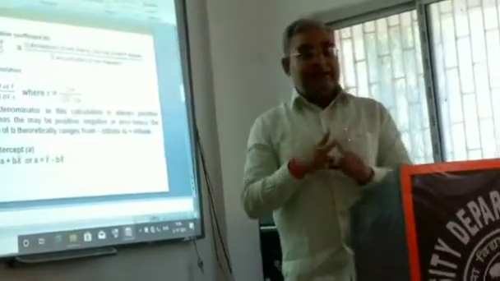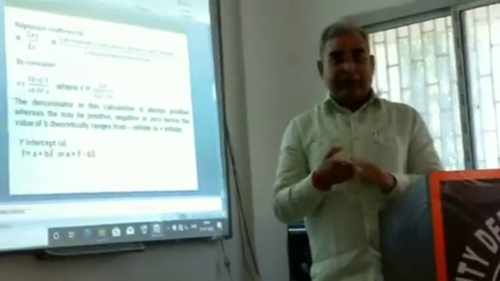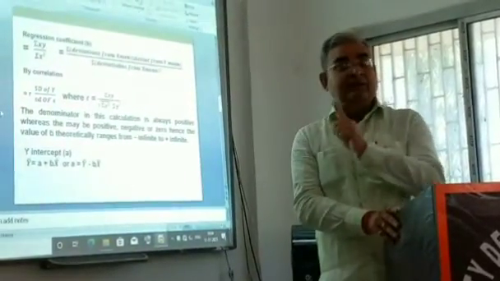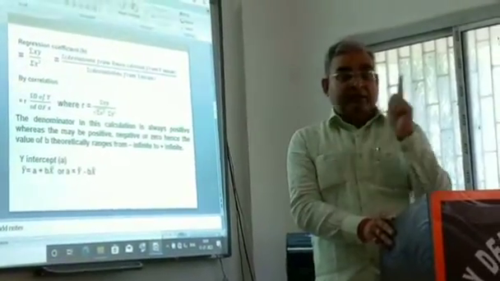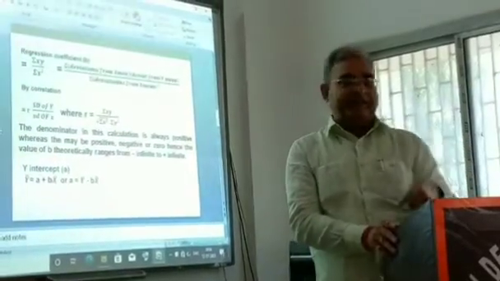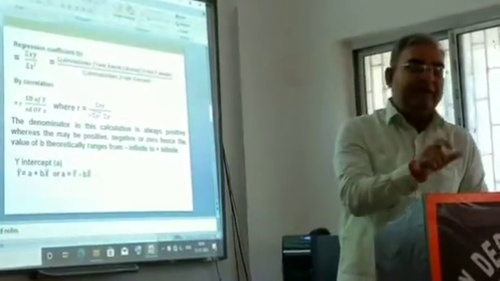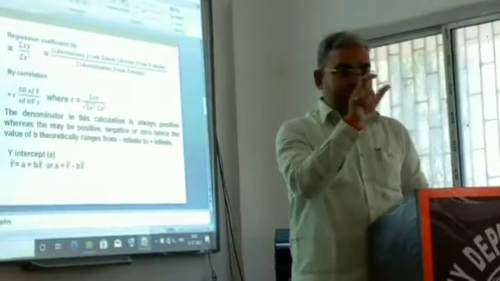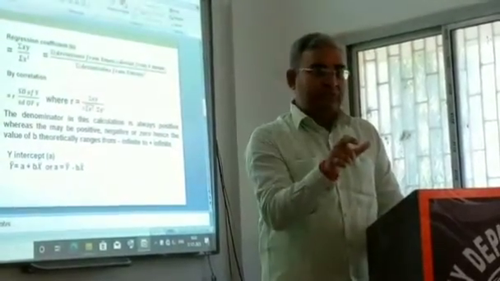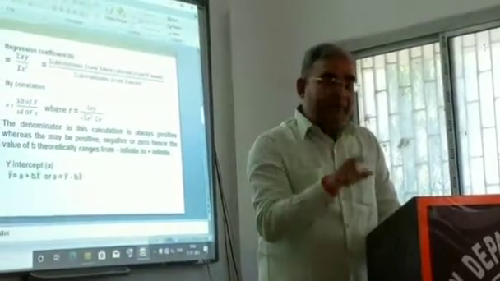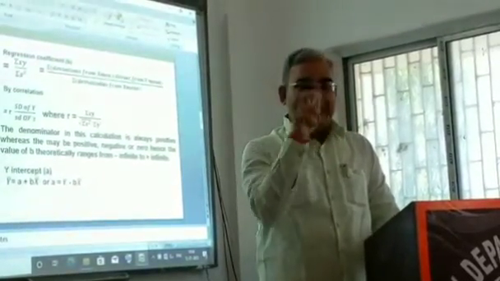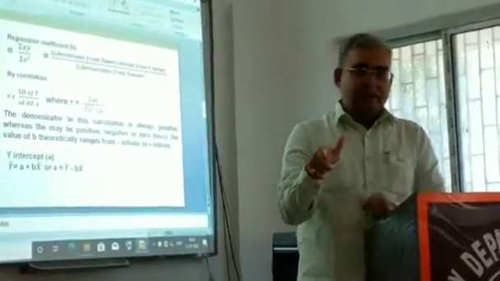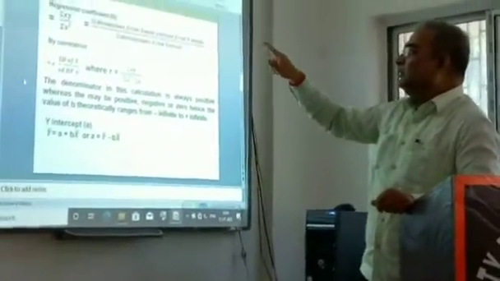You must understand the difference between small x and capital X, or small y and capital Y. I have told you repeatedly in my different classes that a small x means the mean deviation, the deviation of the x values, and a small y means the deviation of the y values. Okay? So that is the summation of xy.